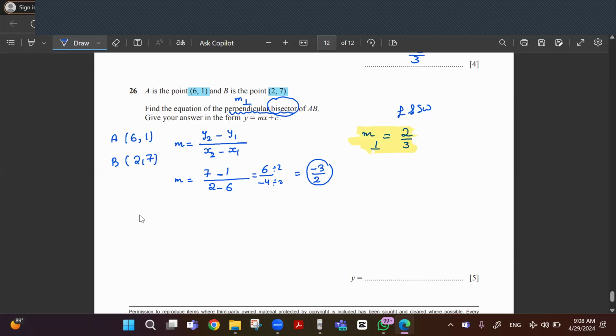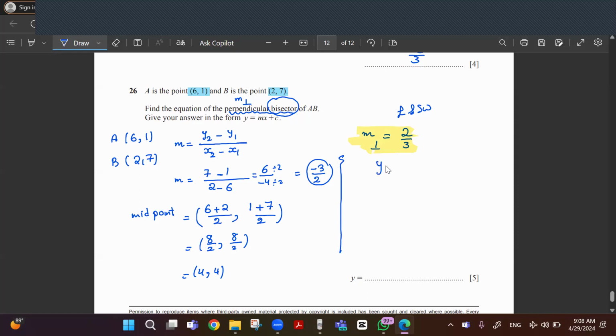So I have to get the midpoint between A and B. How to get the midpoint? x1 plus x2 over 2 and y1 plus y2 over 2. So it is 8/2 and 8/2. So the answer here is 4 and 4.